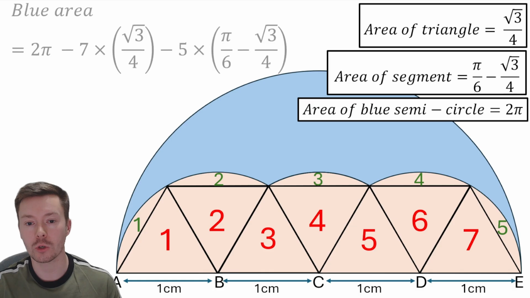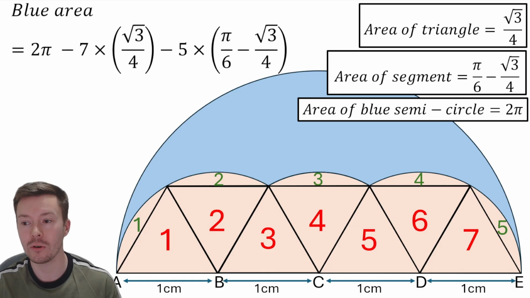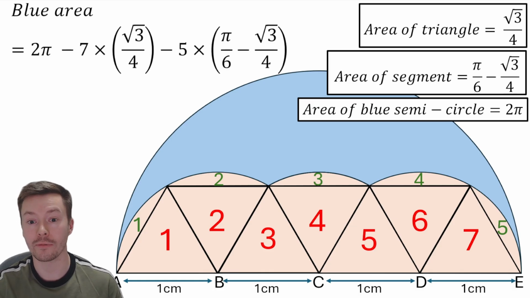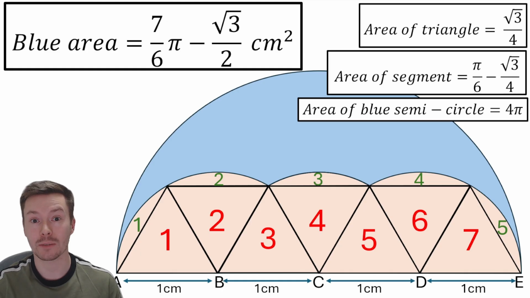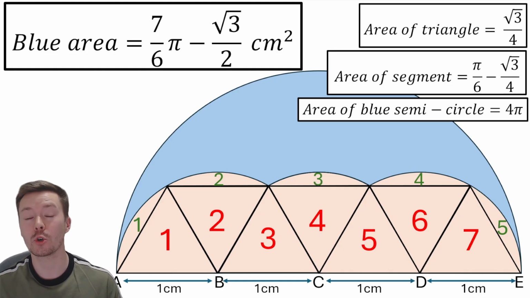So we're going to do 2 pi, take away 7 times root 3 over 4, the area of the triangle, minus 5 times pi over 6 minus root 3 over 4, which is the area of the segments. Now that gives us a final answer of 7/6 pi minus root 3 over 2 centimeters squared, which is about 2.799 if you did it as a decimal.